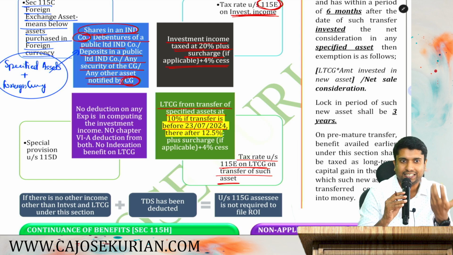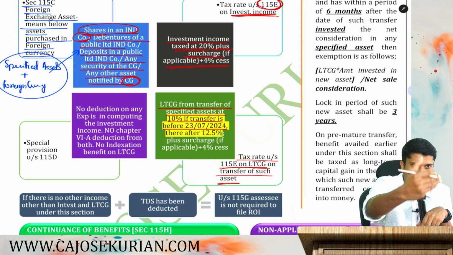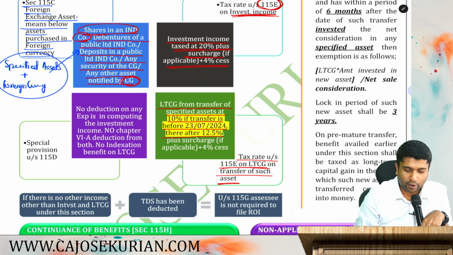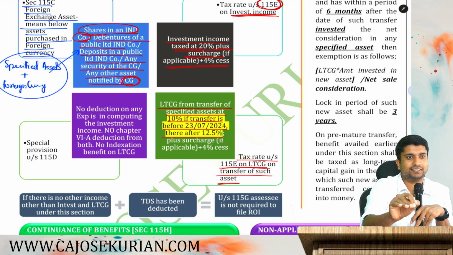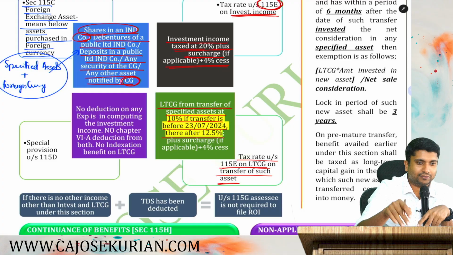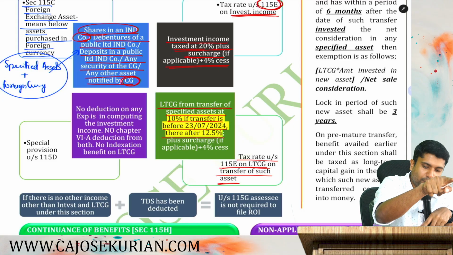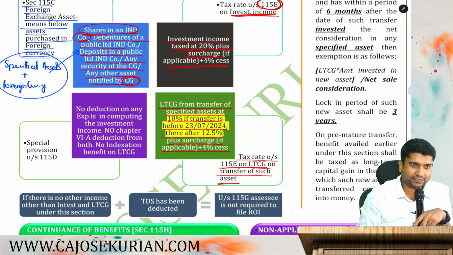If those assets are transferred before 23rd July 2024, the rate of tax is 10%. On or after 23rd July 2024, it is 12.5%, because they have uniformly aligned all the rates. Right now, normal long-term capital gain is 12.5%. This long-term capital gain is also 12.5% plus surcharge if any plus 4% cess.